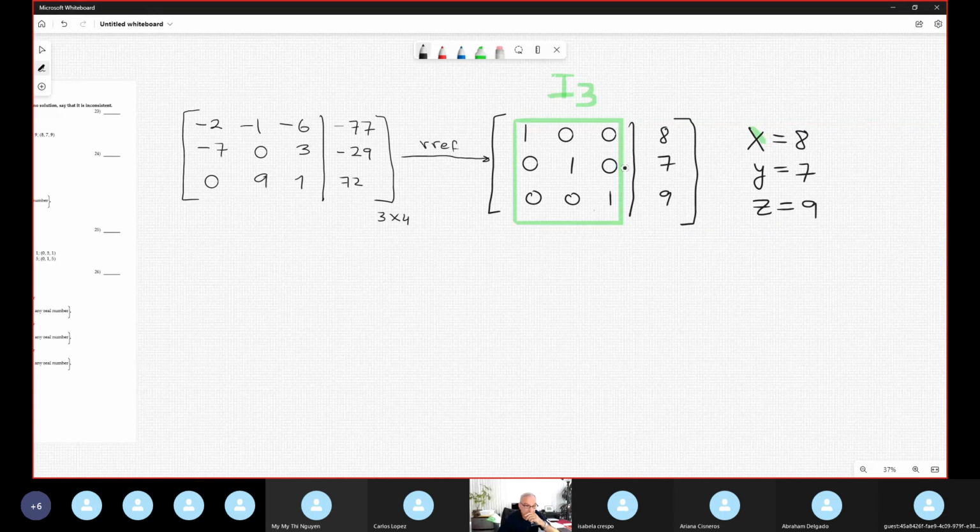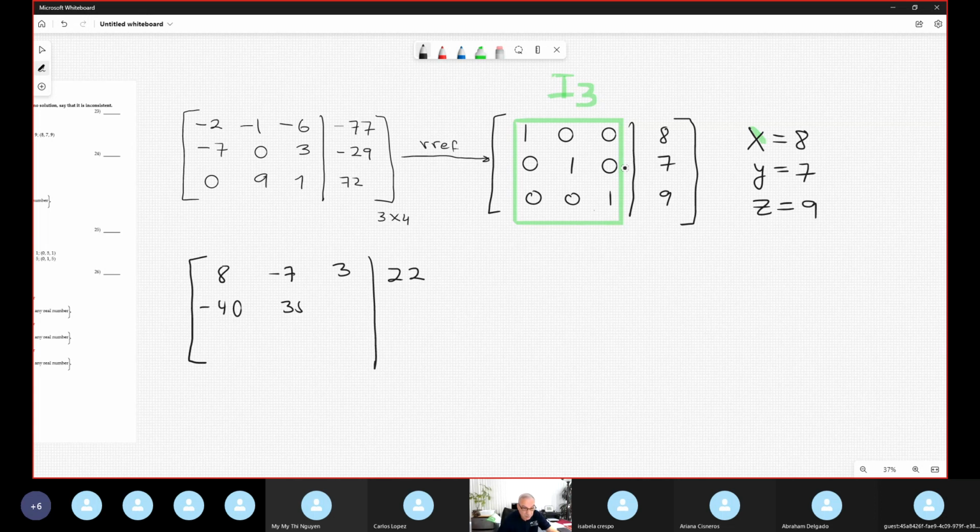Okay, so let's move on to example 24. Example 24 is similar. I want to copy the matrix directly. This is 8. This is -7. This is 3. This is 22. This is -40. This is 35.